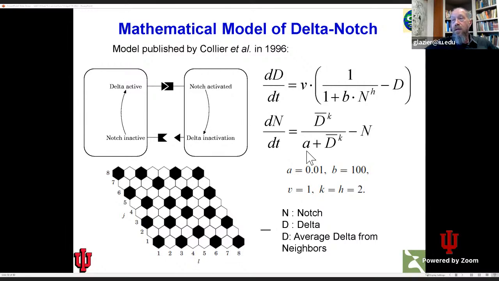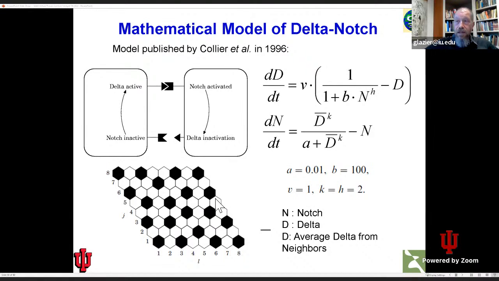I need to know the scale of the activation for notch by delta. It's set to be 0.001. I've got the scale of the inhibition of delta by notch, which is 100. I've got these Hill coefficients of 2, which means it's fairly smooth. And I've got this rate constant, which is set to 1.